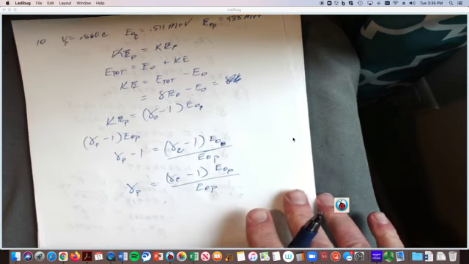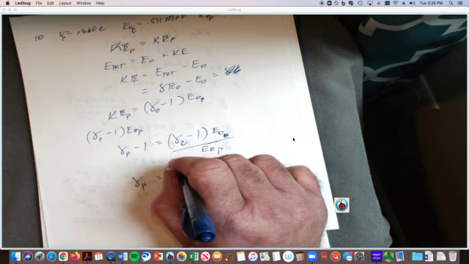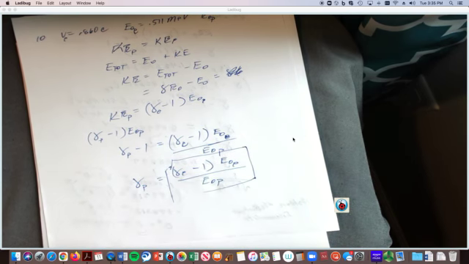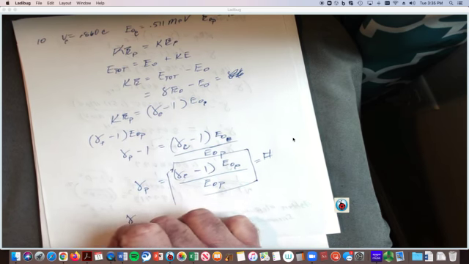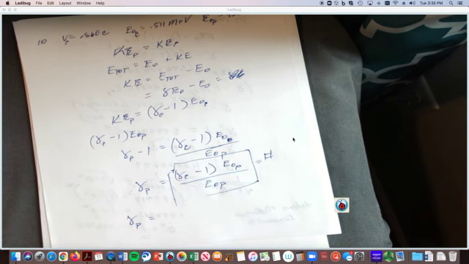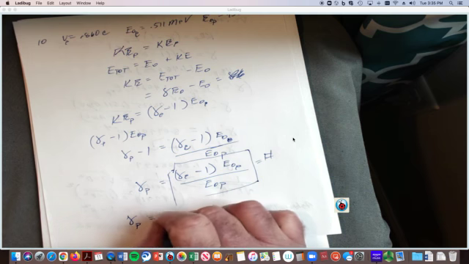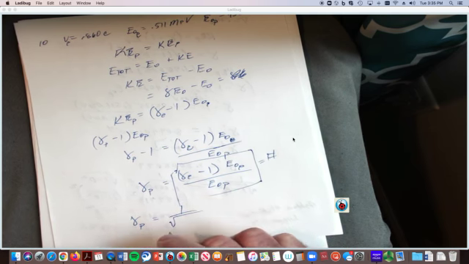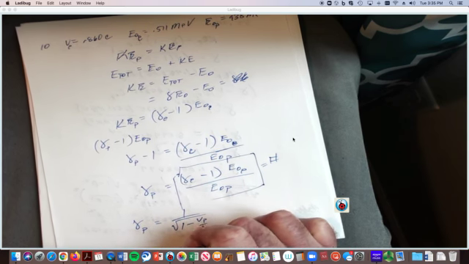This is all just a number now. The only thing we're missing is that gamma p of the proton. Gamma of the proton is equal to 1 over the square root of 1 minus the velocity of the proton divided by c squared.